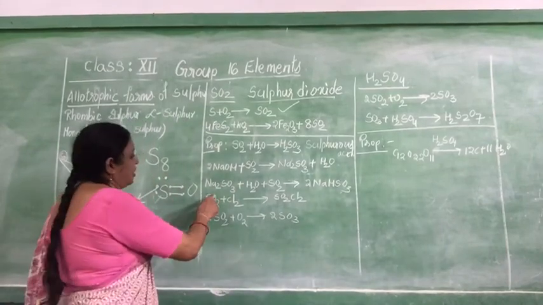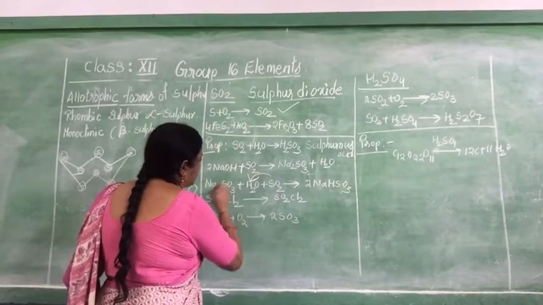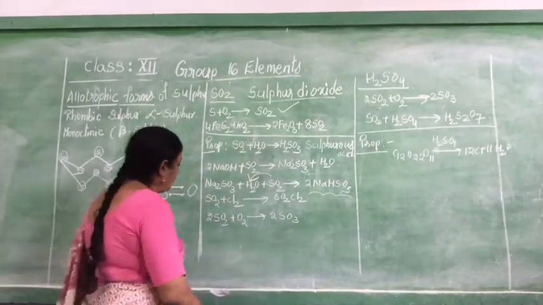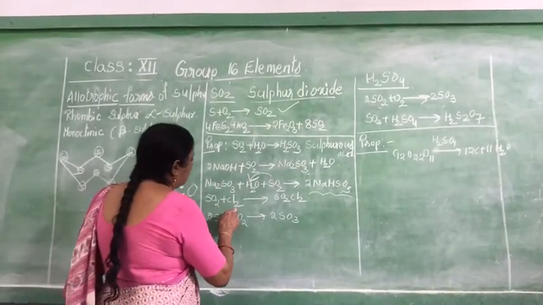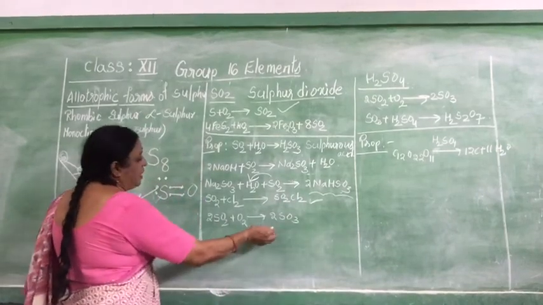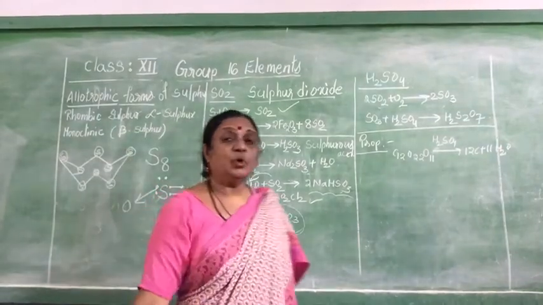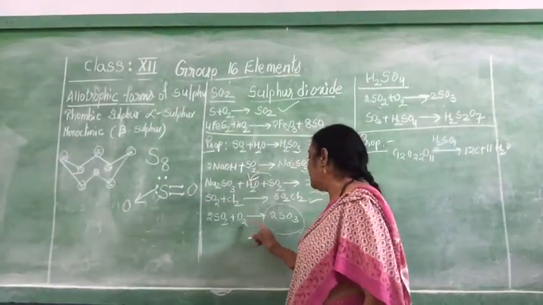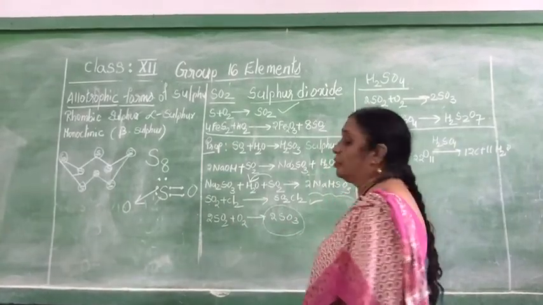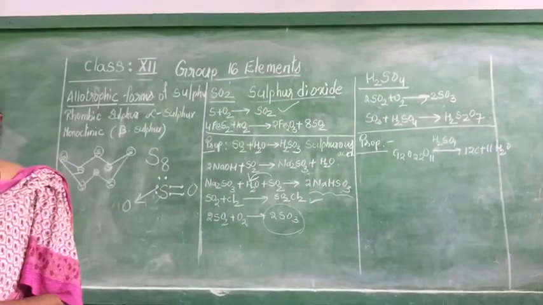Now, Na2SO3, when sulfur dioxide is passed, sodium bisulfite is formed. Now, SO2 reacts with chlorine to form sulfuryl chloride. Now, the preparation of SO3: into the SO2, oxygen is passed, which reacts with the sulfur dioxide to form SO3. Okay, children.